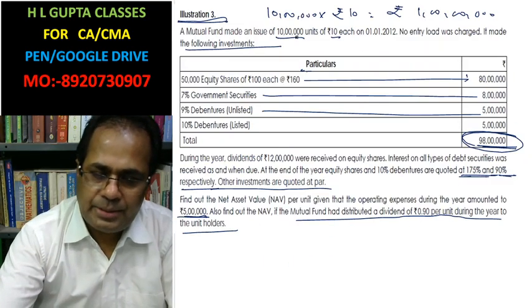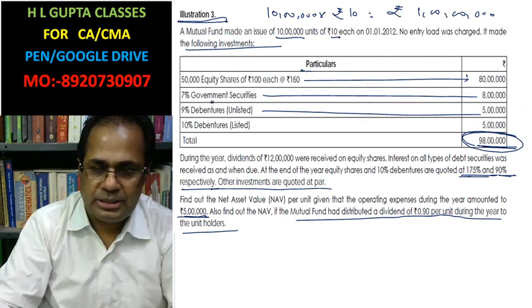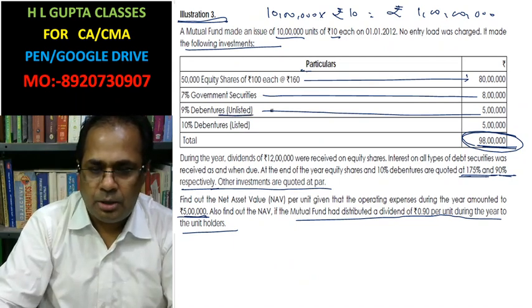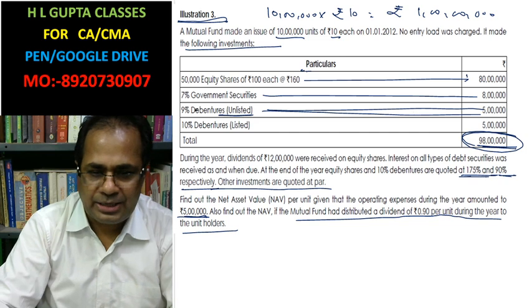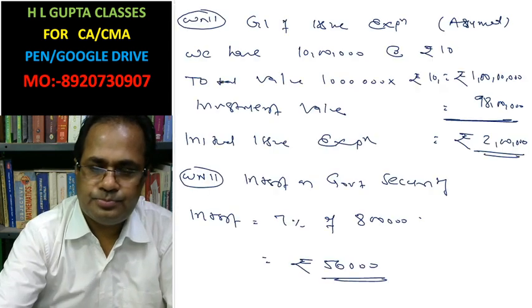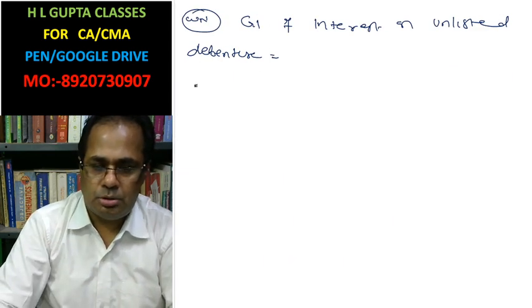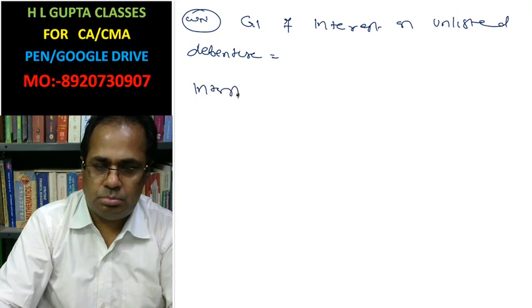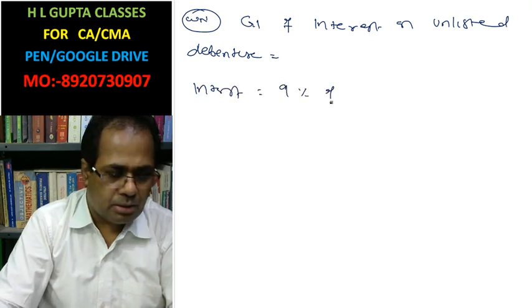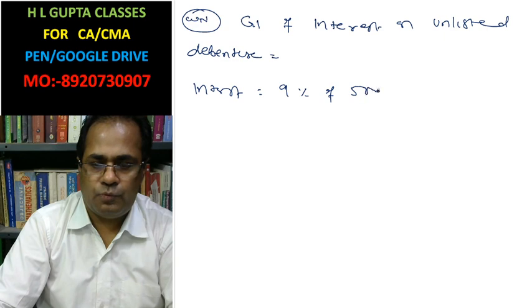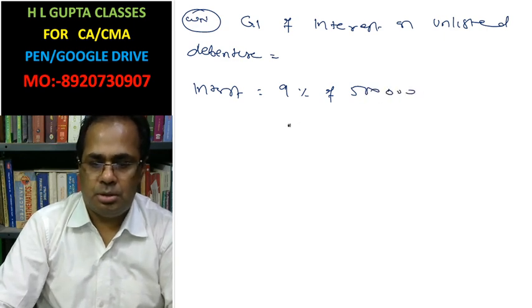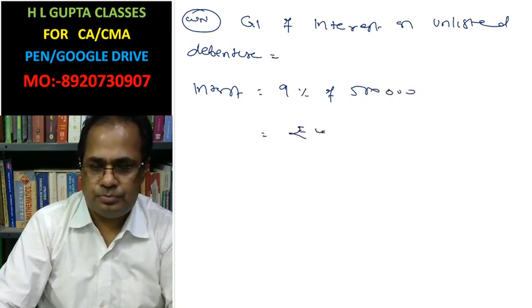What is the amount? Unlisted debenture 5 lakh, interest 9%. 9% of 5 lakh is rupees 45,000.